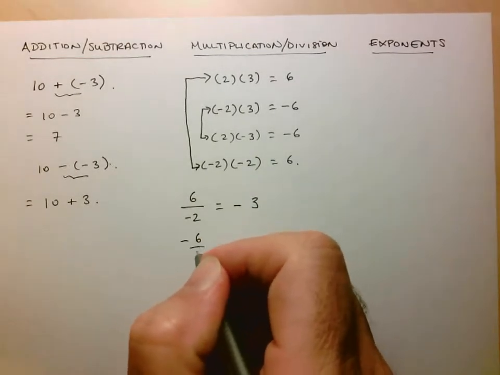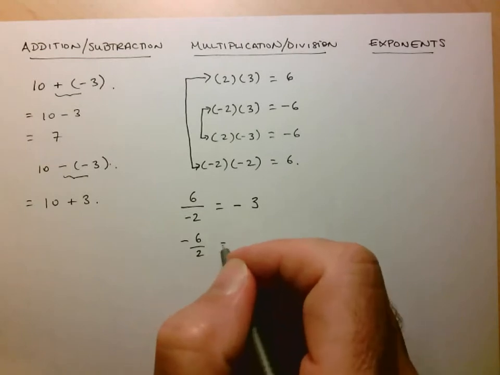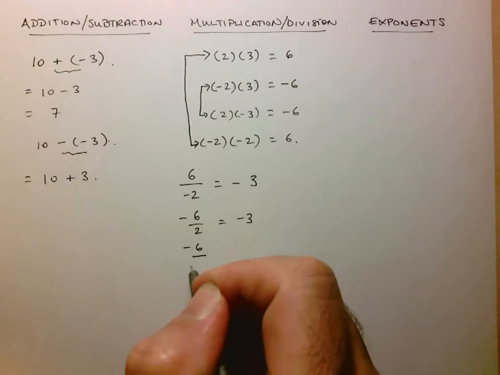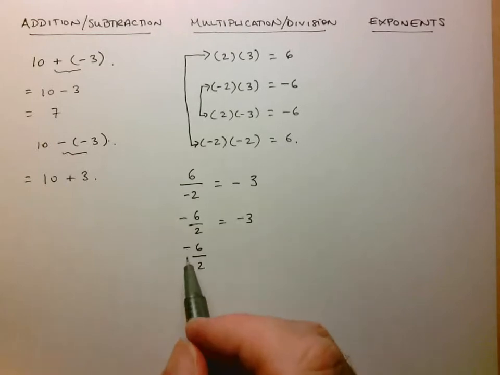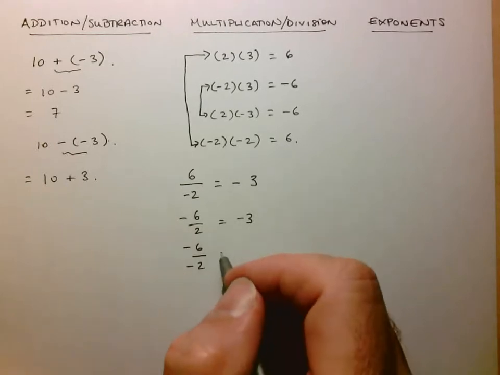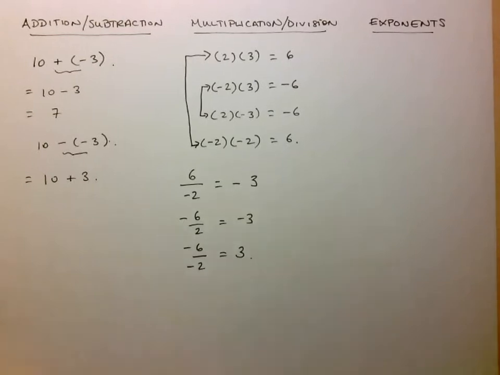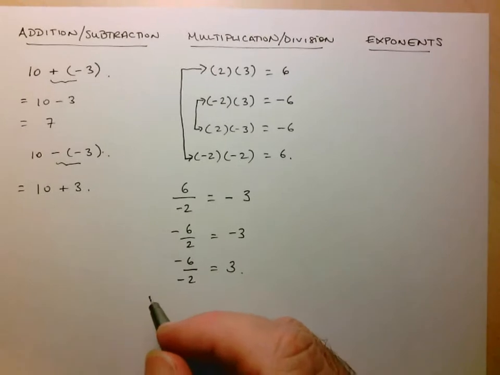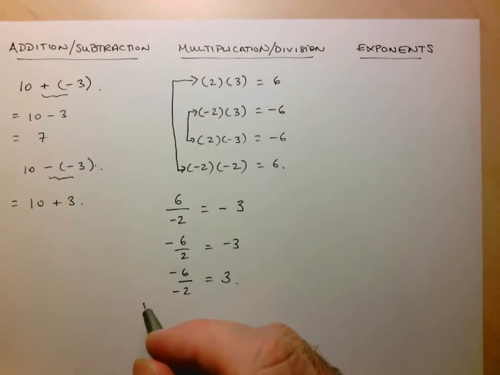Or a negative over a positive, again opposite signs, negative 3. But if we have a negative divided by another negative number, the division of two negative numbers is equal to a positive number.